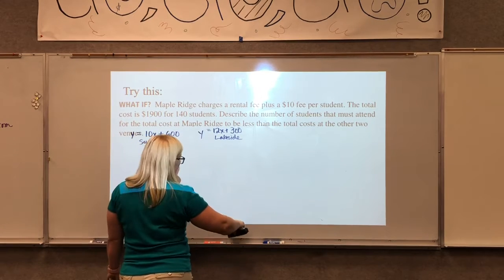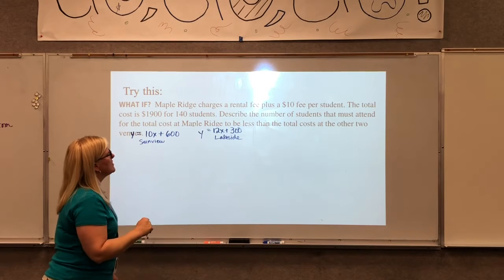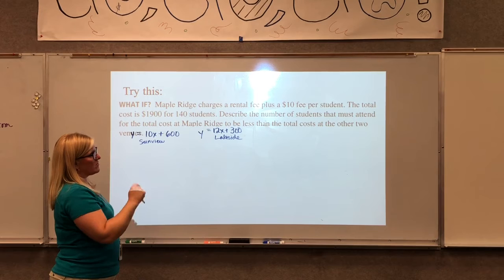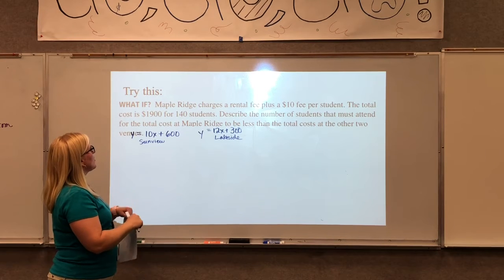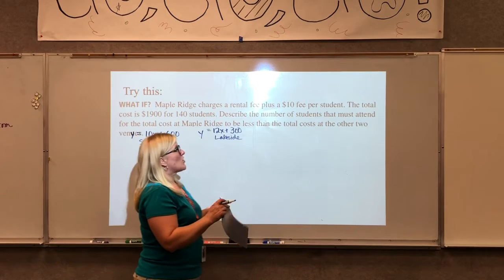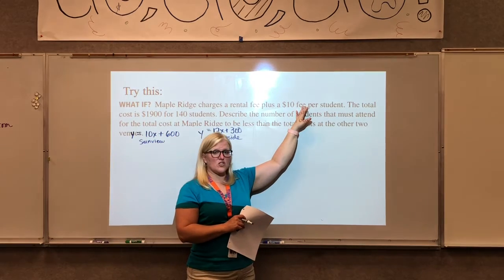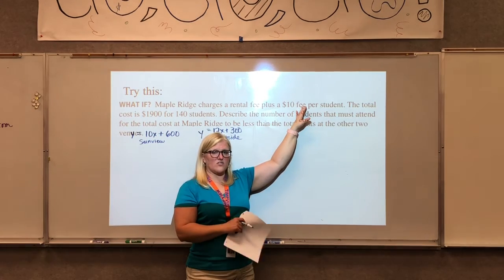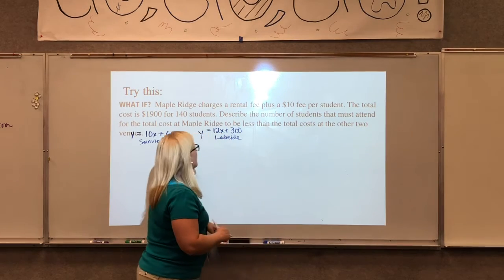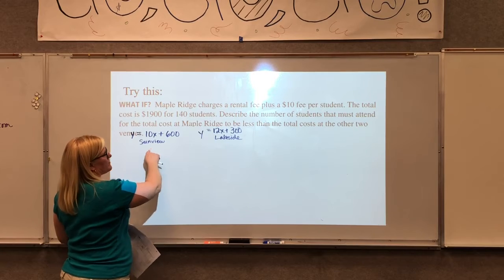Okay, it says, what if Maple Ridge charges a rental fee plus $10 fee per student? The total cost is $1,900 for 140 students. So this $10 fee per student, that kind of sounds familiar. There's another place that has that, right? That is Sunview.